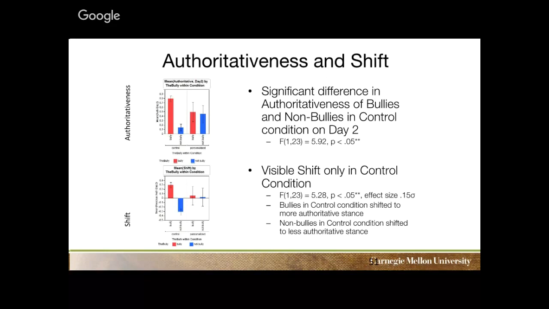Nevertheless, authoritativeness itself didn't directly predict learning in this study. But what it did show us was that on day 2 in the control condition, the students who were the less capable peers would abdicate the opportunity to contribute substantively to the problem solving to the other student who had been belligerent towards them, giving that other student the opportunity to take up a more authoritative stance more often.